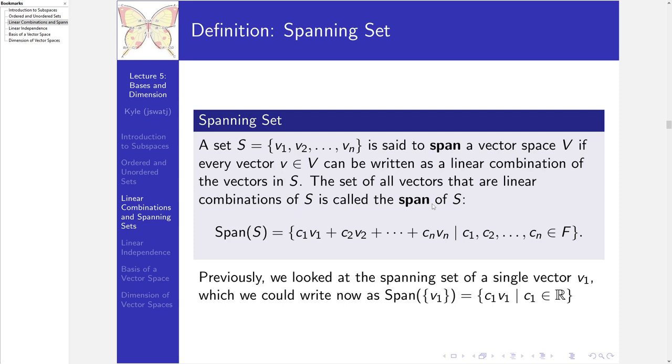And then spanning set as well, ripped straight out of linear algebra. I think you're all probably familiar with this. Nothing crazy. Previously, we were actually looking at basically a spanning set of one vector. So we could have rewritten that question, but that's fine.